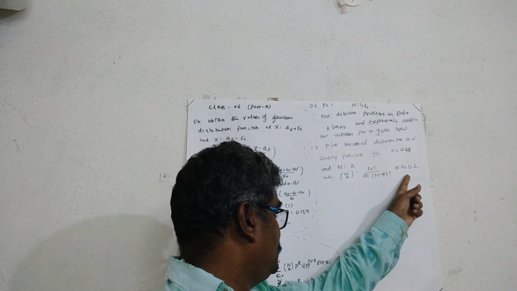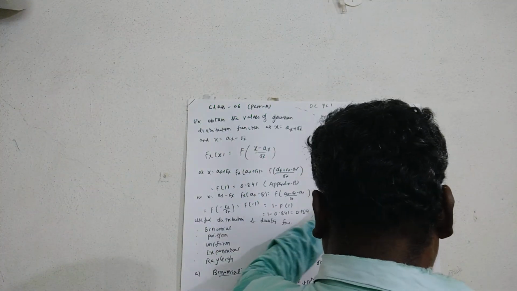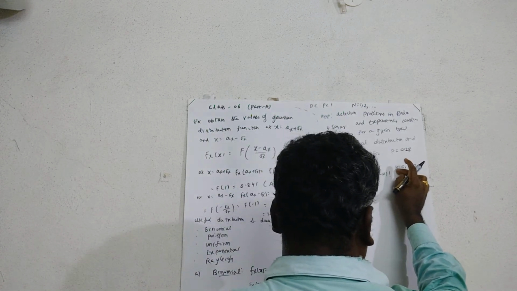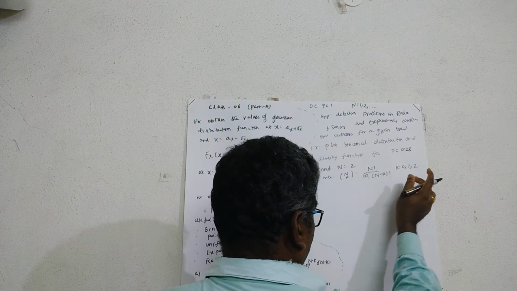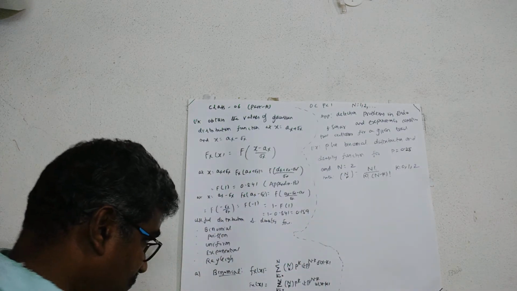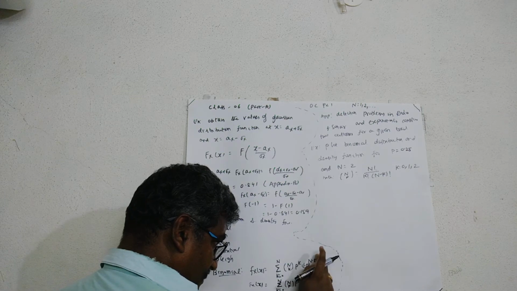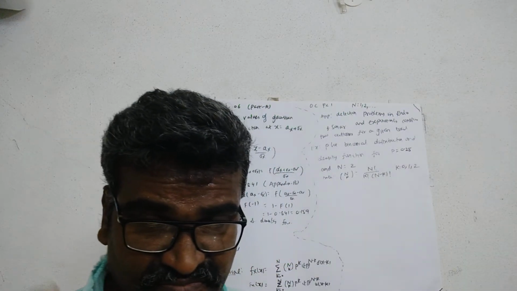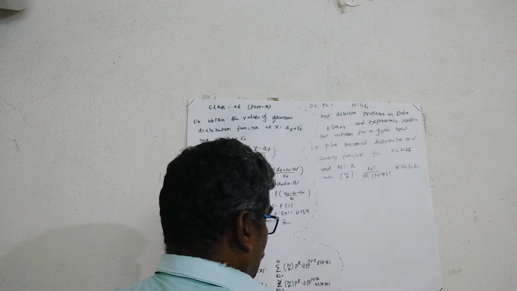Correspondingly we get the amplitudes. The amplitude is nCk p power k into 1 minus p whole power n minus k. I am going with direct substitution. You can check this as a tutorial problem.